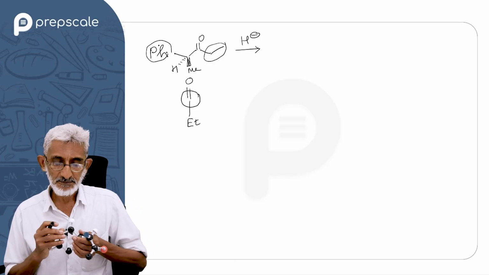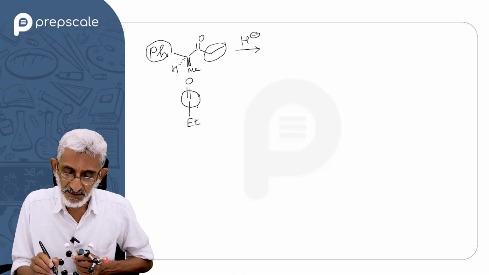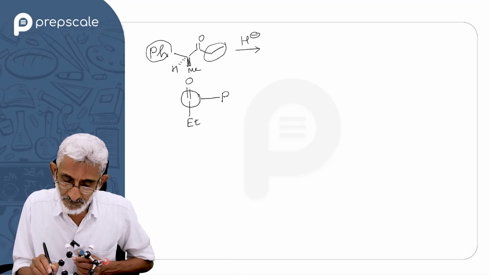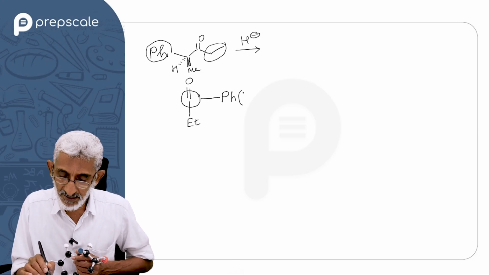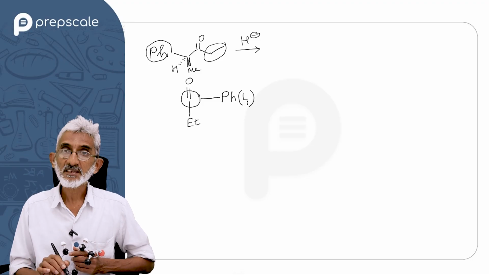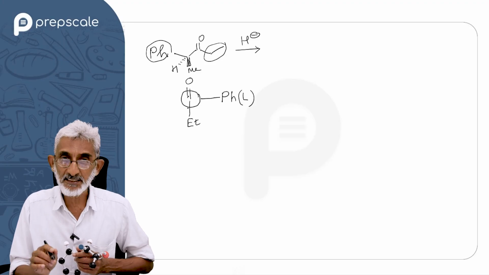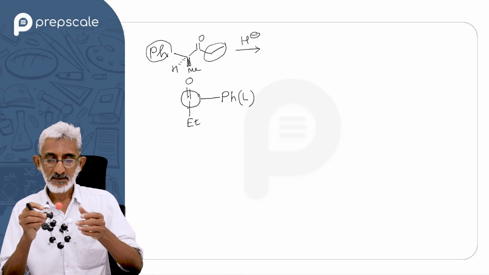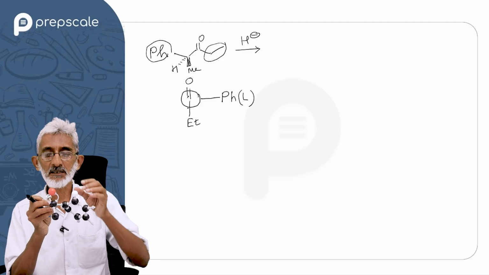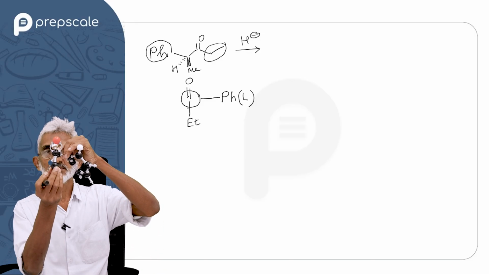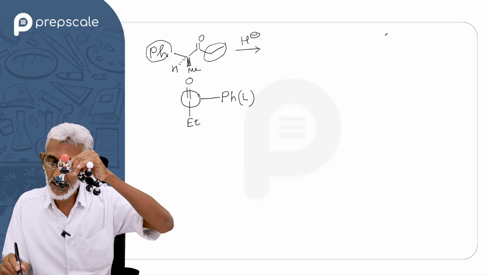You hold the molecule in such a way that your phenyl group, the largest group, is perpendicular to the plane of this Et and CO. So this is how I will draw. See here, this is the ethyl group. Black is ethyl.